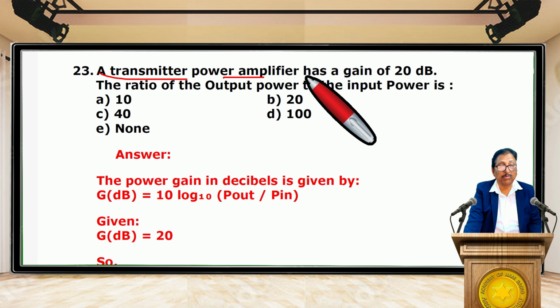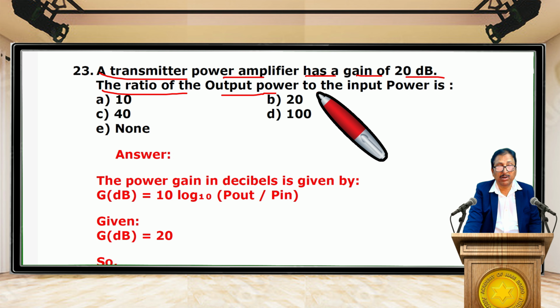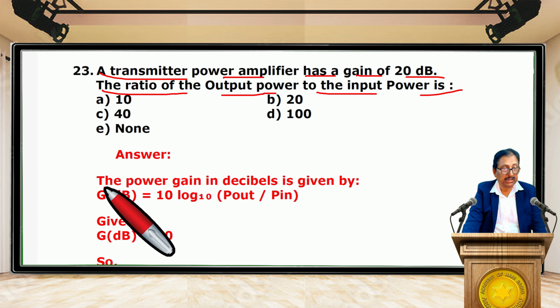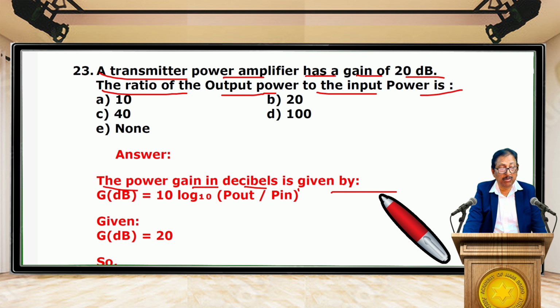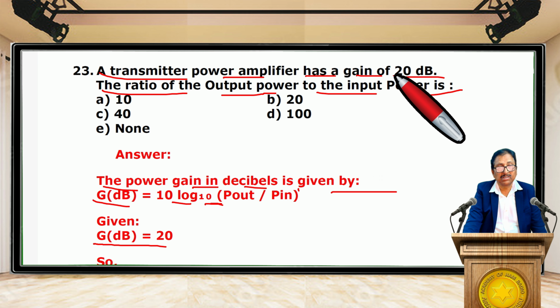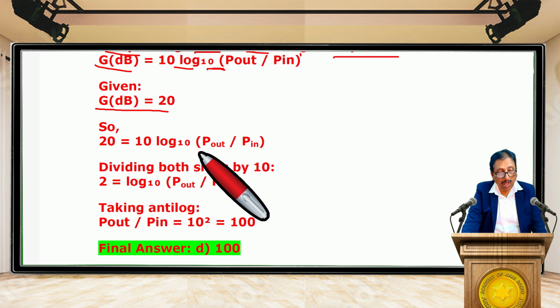A transmitter power amplifier has a gain of 20 dB. We have to find the ratio of the output power to the input power, P out by P in. The power gain in decibels is given by the formula G dB is equal to 10 into log P out by P in to the base 10. Here the gain is 20. So 20 is equal to 10 into log P out by P in.